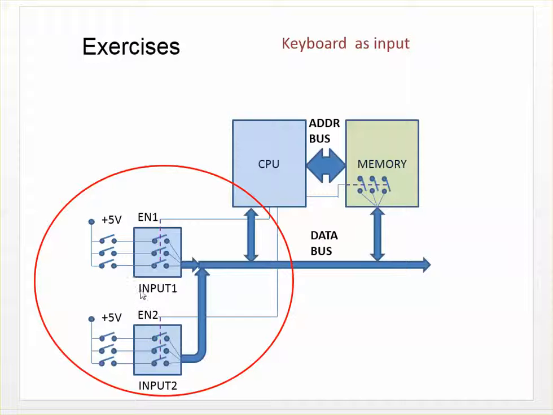The more input circuits we need, the more control lines we need to activate each of these circuits, and then we can connect in parallel as many input switches as we need. That's the basic idea from the earlier presentations of how these input systems work.